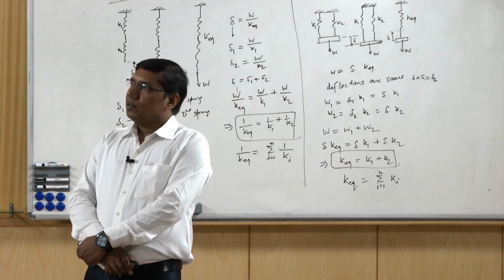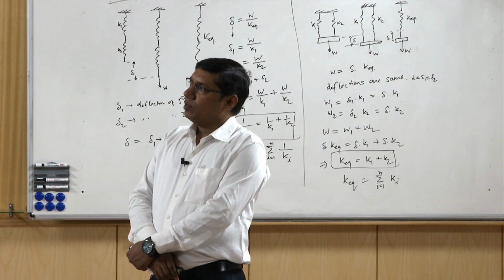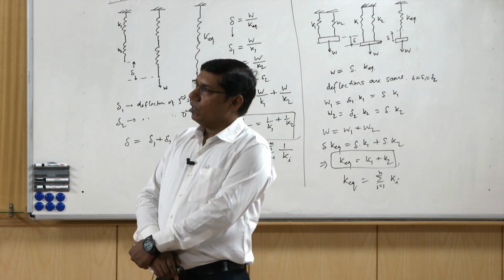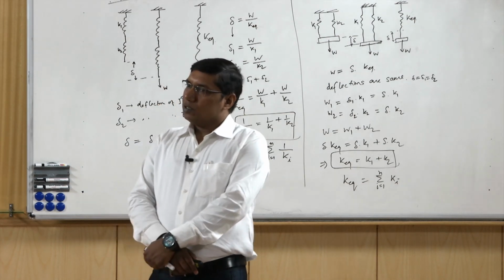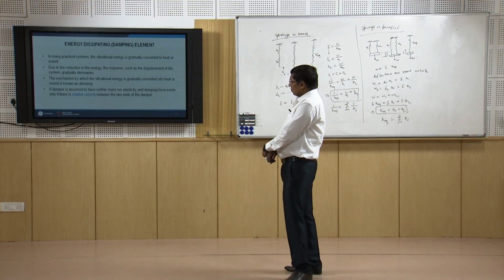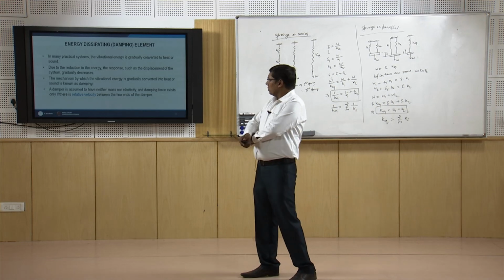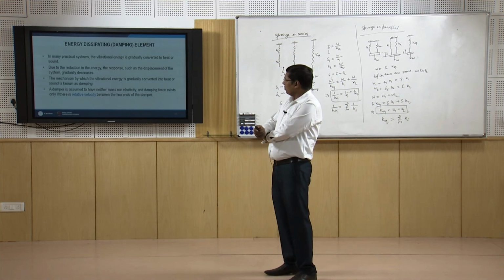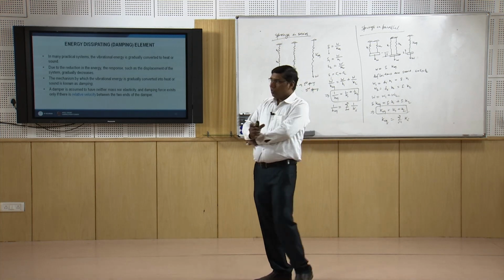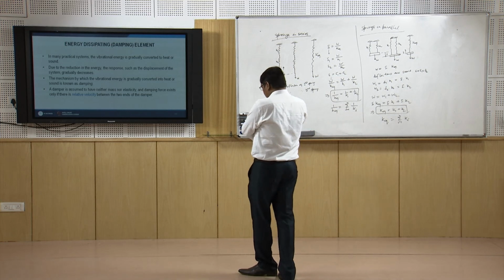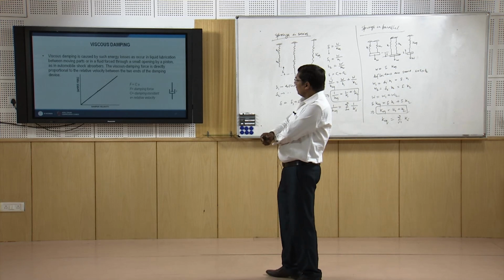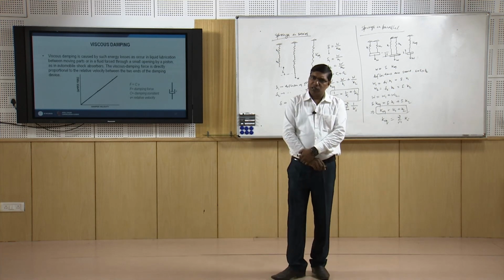Due to this the amplitude of the vibration decreases, unless we are giving it some external continuous force. This is known as the damping element, and it works based on the relative velocity between two points of the system. If there is relative velocity, then it works, and the basic damper is viscous damping.